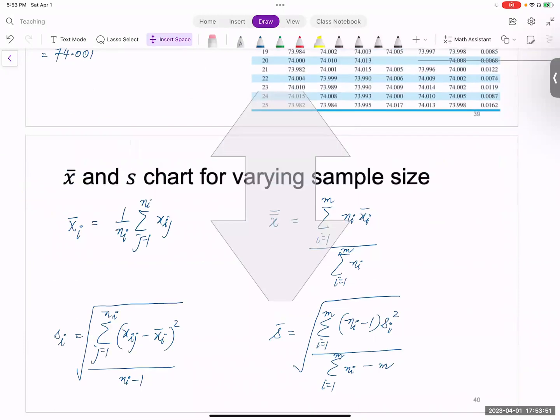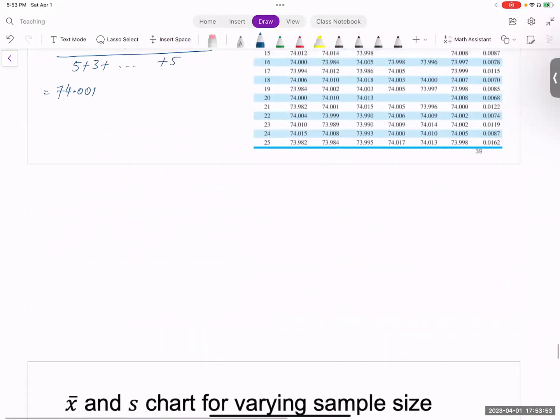Let's also look at how we can compute the weighted sample standard deviation S bar. This is equal to the square root of, it's a big square root, n minus 1.